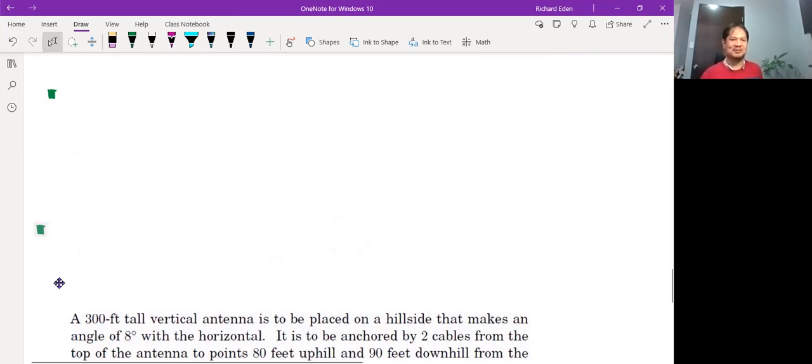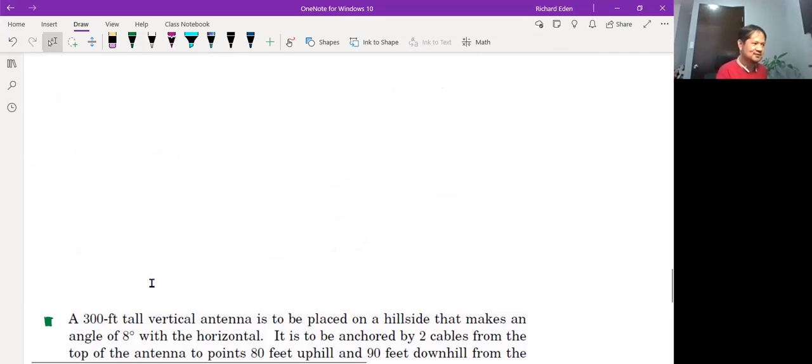So the problem that I saw earlier is a nice problem because it uses the law of tangents. No, actually, it doesn't.